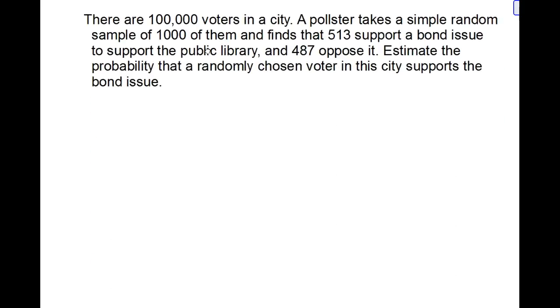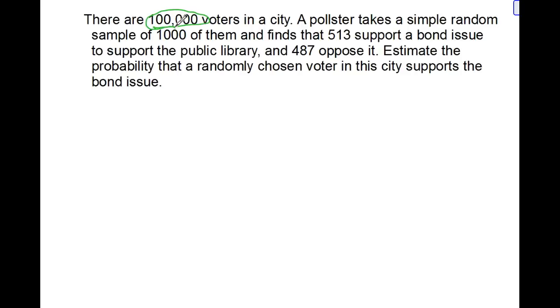For example, there are 100,000 voters in a city. A pollster takes a simple random sample of just 1,000 of them and finds that 513 support a bond issue to support the public library and 487 oppose. Estimate the probability that a randomly chosen voter in the city supports the bond issue. When you're talking about voting, you're obviously not going to be able to poll all the people.